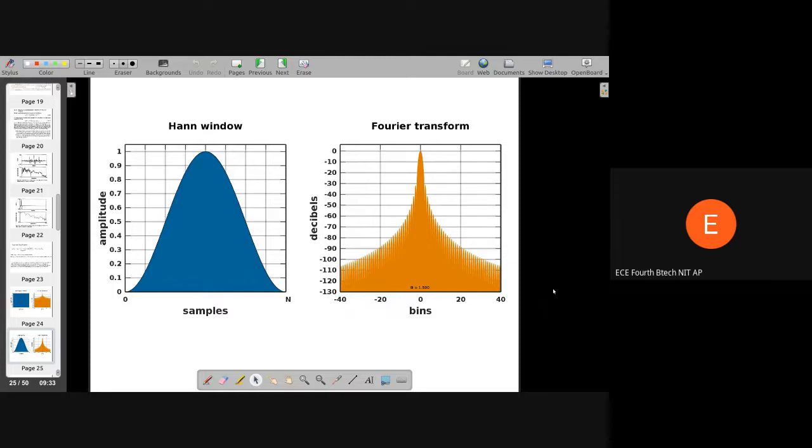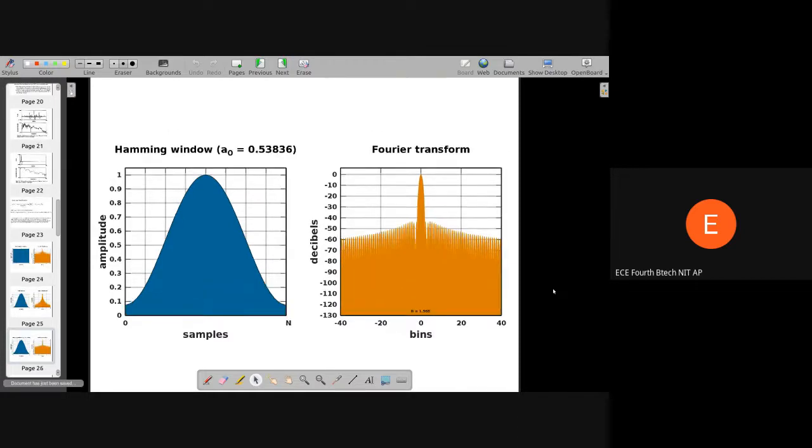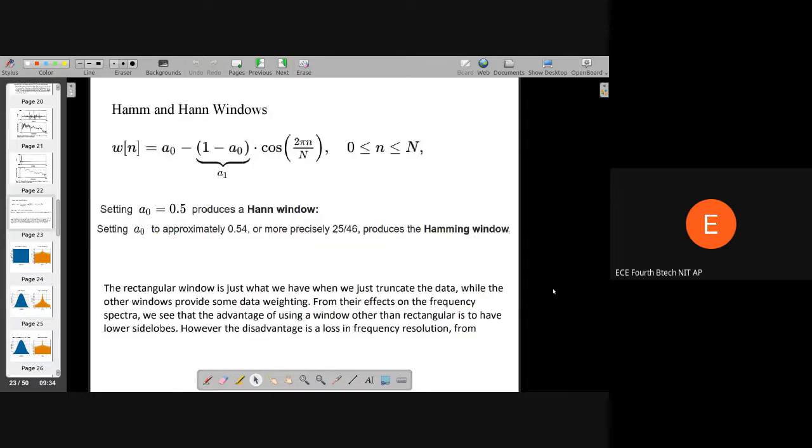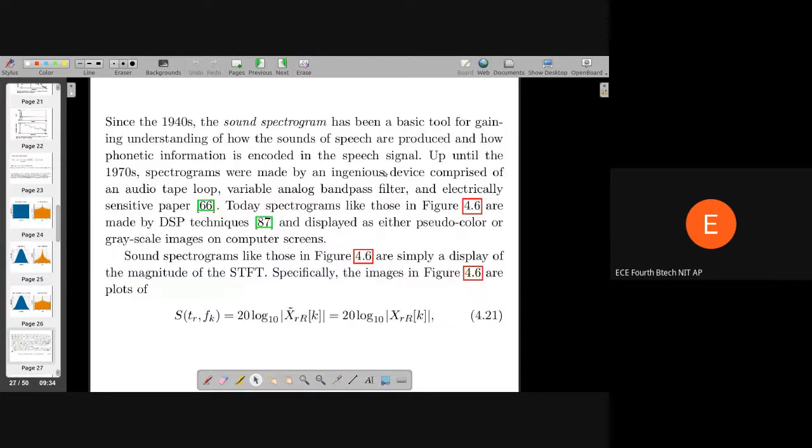Hamming and Hanning are both very popular windows used in speech processing particularly. There's the standard equation of both windows; go through that and revise this part.